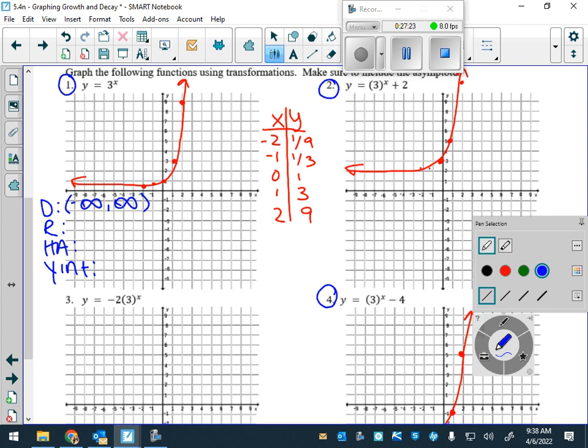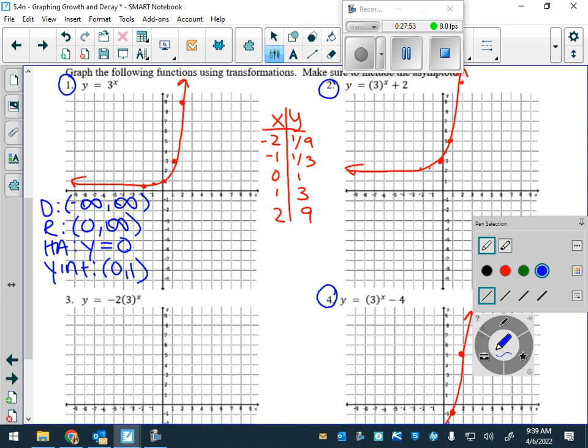Devin? 0 to infinity. Horizontal asymptote. Brian? Just y equals 0. Okay, is your asymptote. What is our y-intercept, James? 0, 1. Okay, so very similar to what we saw in the previous problems.